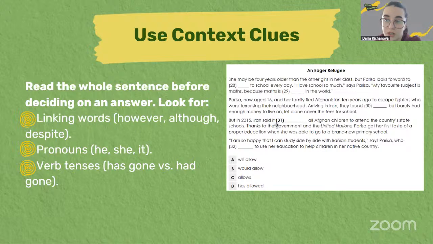So first of all, we need to check that we have the pronoun "it". So we don't need, for example, words related to other pronouns, for example, they, we, and so on. Also, we need to pay attention that here we already used "Iron said", right? So here we may understand that it is reported speech.